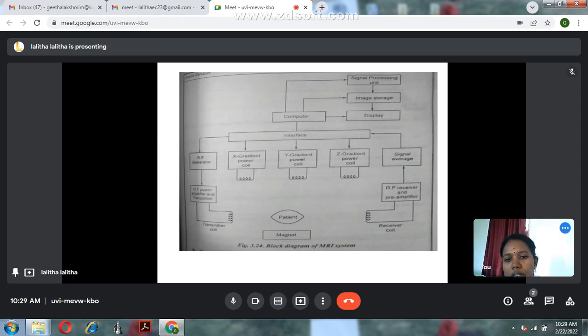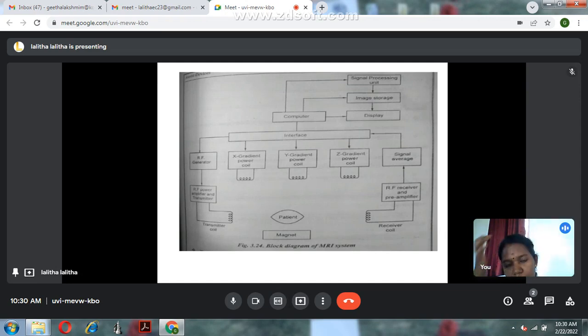The transmitter coil receives the magnetic field and is connected to the RF power amplifier and transmitter. The RF power amplifier is used to increase the signal strength of the magnetic signal, and it feeds the RF generator. This is also connected to the interface. The transmitter and receiver are also connected to the interface.